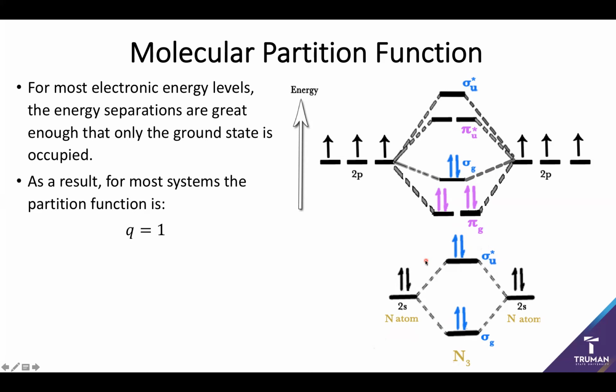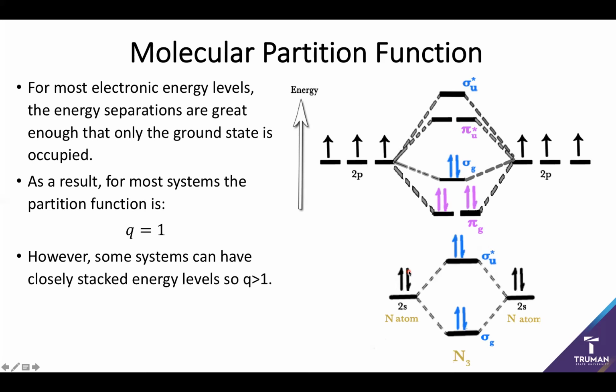As a result, for most systems, the partition function is 1, because there is no occupation of the excited state. It is worth noting that there are several systems where this breaks down, and they are often neglected, so it's important to know that they're out there.